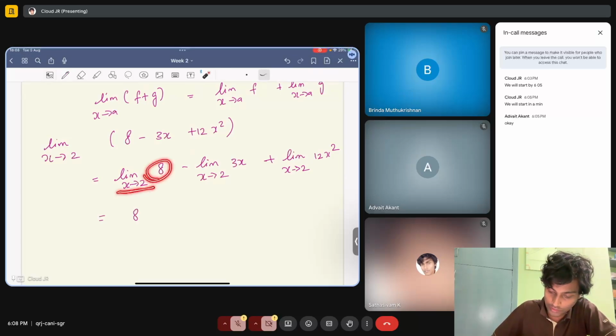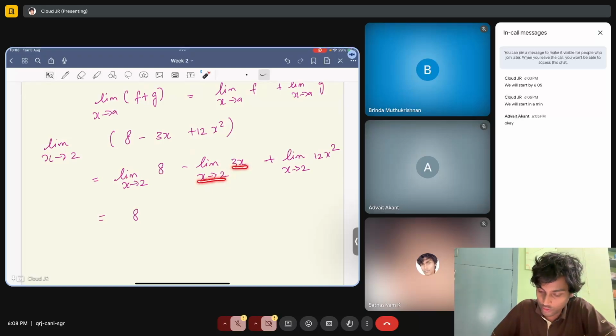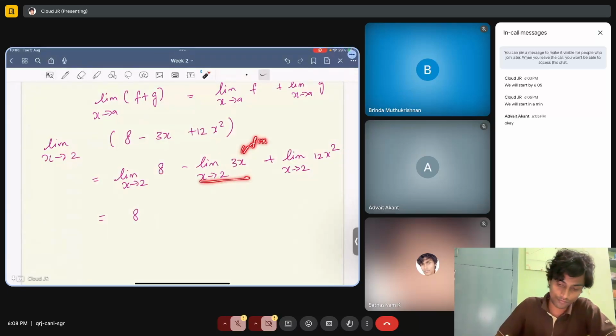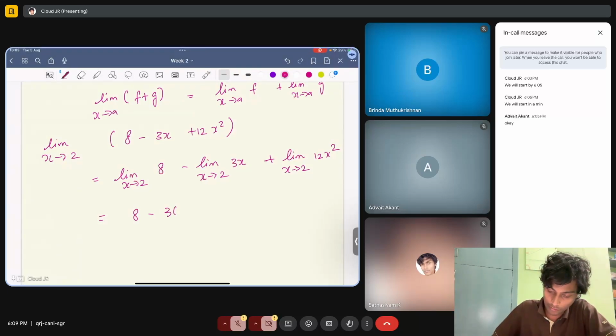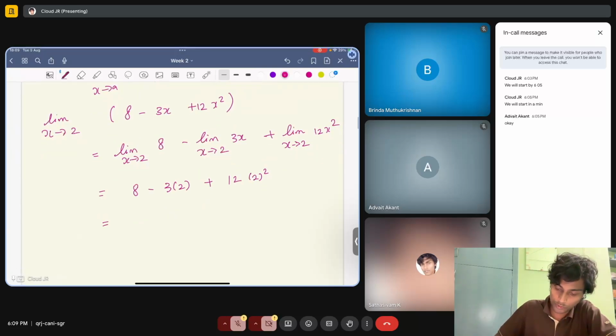The first one is a constant, so applying the limit does not change it. The second one is 3x, and you can apply the limit on each of these. You just substitute the 2, because this function is continuous, so the limit value is nothing but f of 2. So this is 8 minus 3 times 2 plus 12 times 2 square. If you compute, you will get 2 plus 48, which is 50.